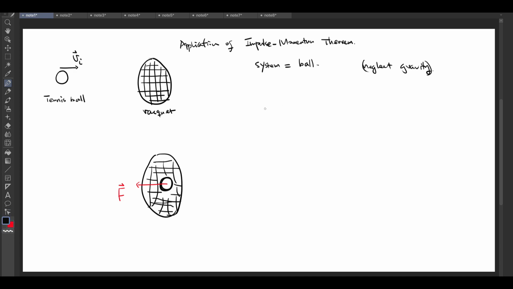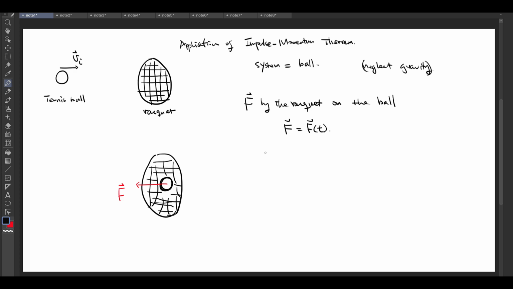So this force, by the racket on the ball, changes with time. So it's a function of time. And this time can also be translated into the deformation of the string. The more deformation, the larger the force.